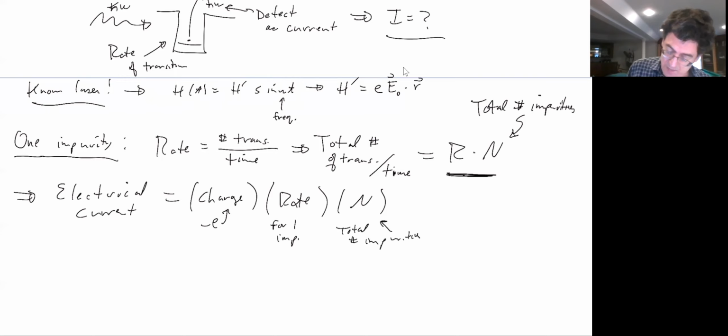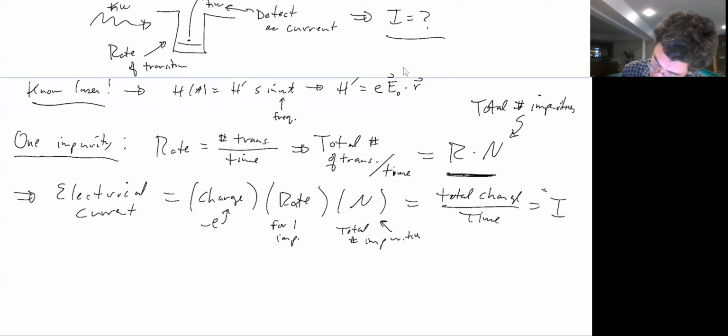Okay, so you can see that that's my electrical current, because that's going to be the total charge per time, which is equal to current. All right, so that's how it works.